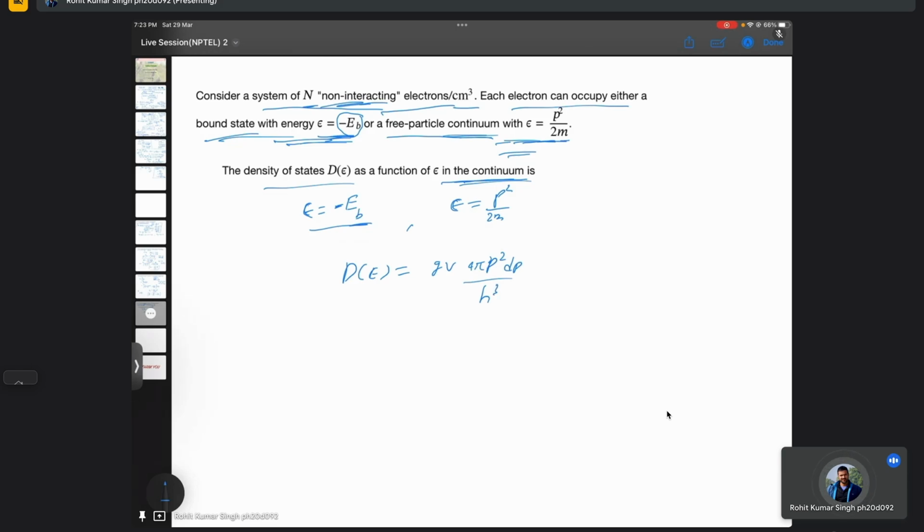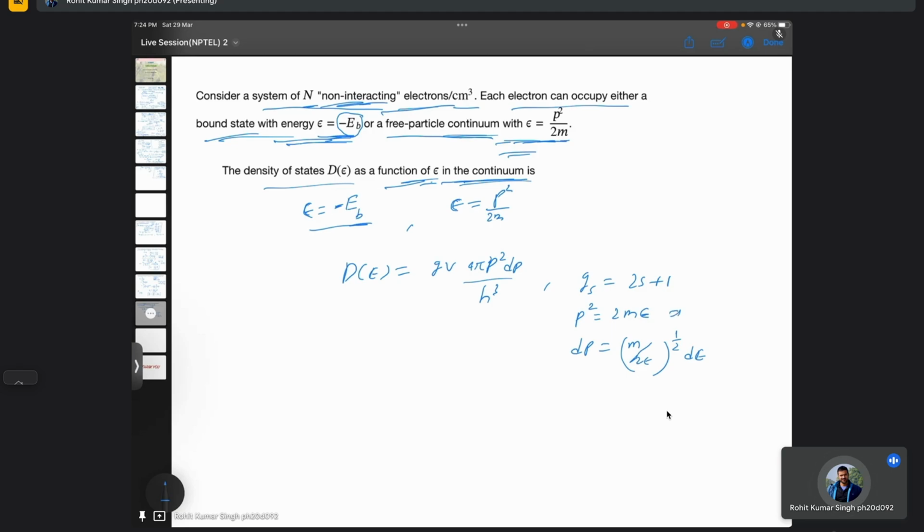Since they are electrons, the degeneracy due to spin is given by this formula, V is the volume, and p square is given by 2mE. We need it as a function of energy, so we write everything in terms of energy.